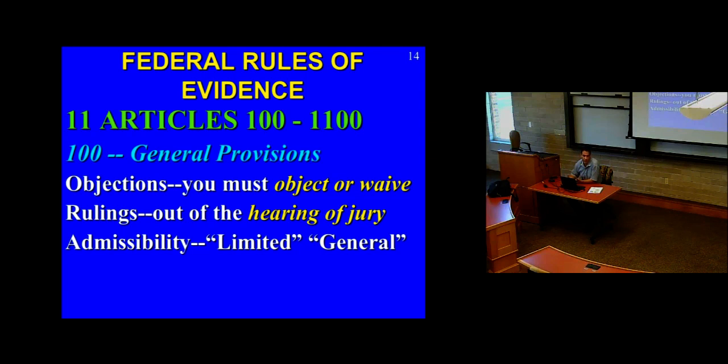For example, if you're doing character, that would be inadmissible. A judge might say, don't use the fact that the person has done this sort of thing in the past before as their bad character, that they're the kind of person that would do this sort of thing.